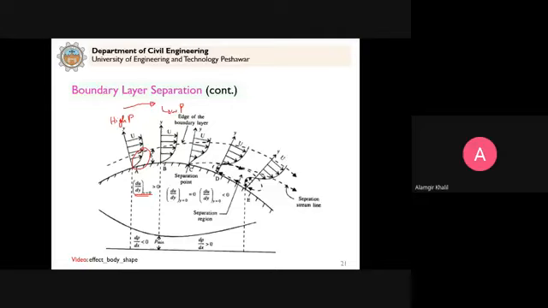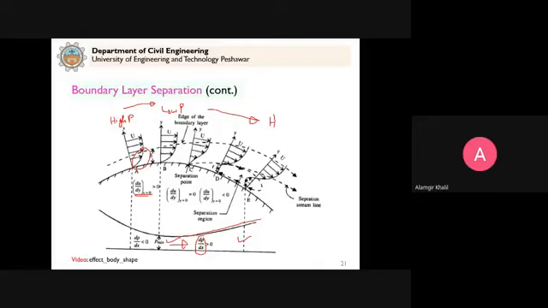Now after this point B, you can see that from here onward we are moving to high pressure. You see from this curve, high pressure. So that's why dP by dx is greater than 0. It means we are moving from low pressure to high pressure.